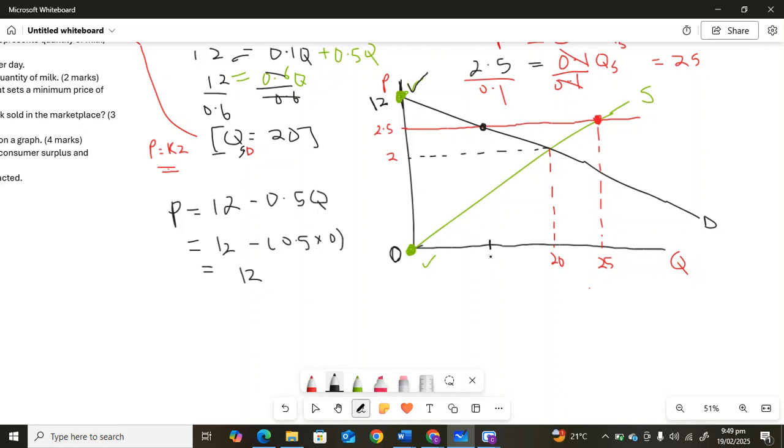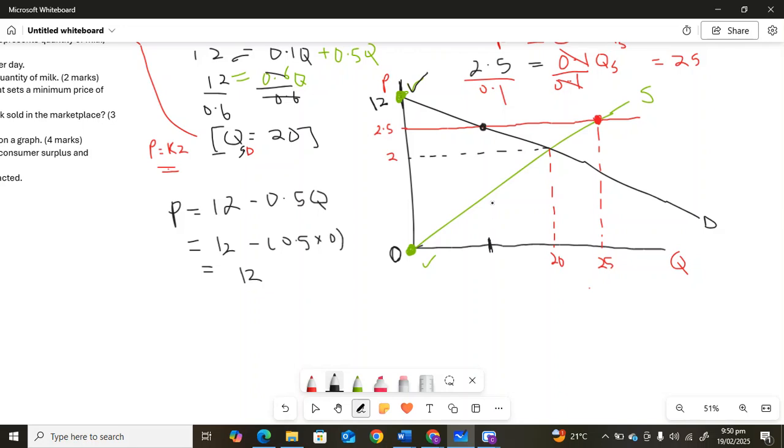The reason we need this value is that after this price floor has been enacted, the consumer surplus is going to be affected and the producer surplus is also going to be affected. So this value is cardinal here.